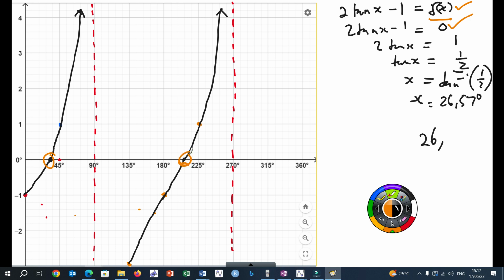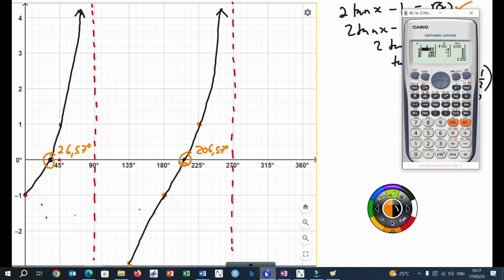We have to have that. So this is 26.57 and this is 206.57. Right? Let's get on, we are almost there.